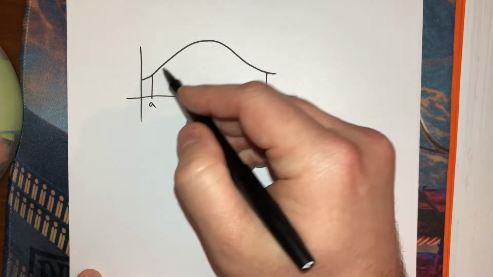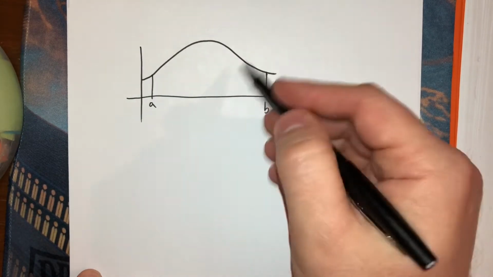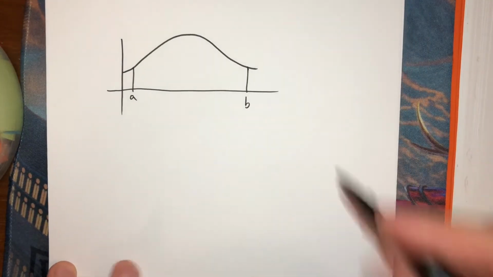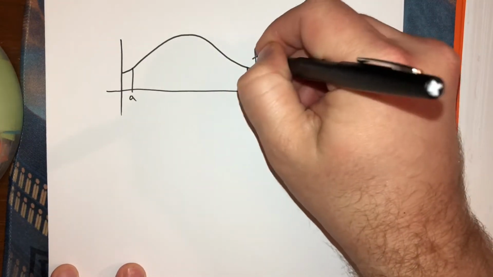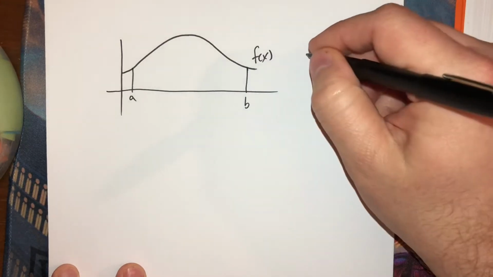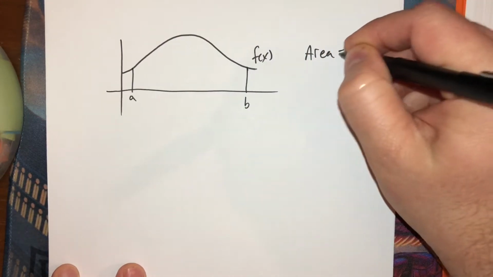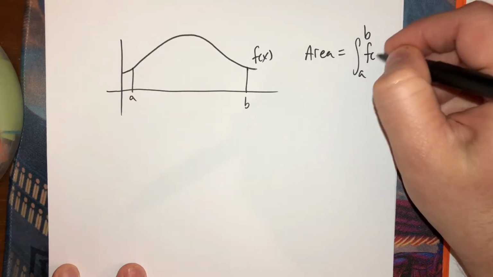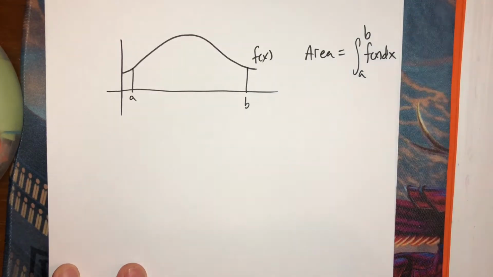Let's say we're going from a to b, and we're just finding that shaded region. We've done that a billion times, right? We know that if we're calling this f of x, then the area is just equal to the integral from a to b of f of x dx, right? And then we have ways to find that.